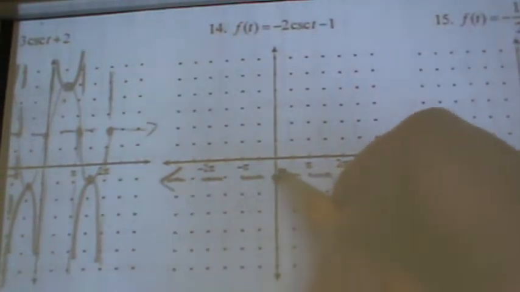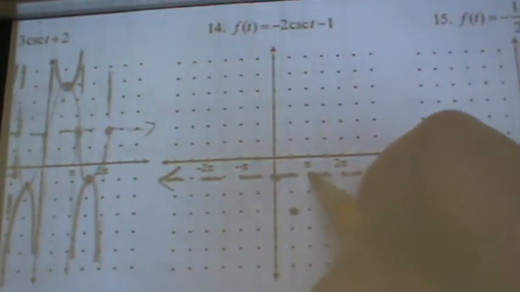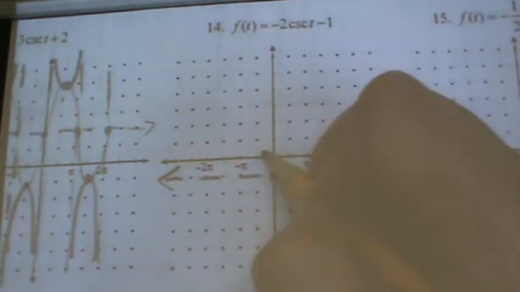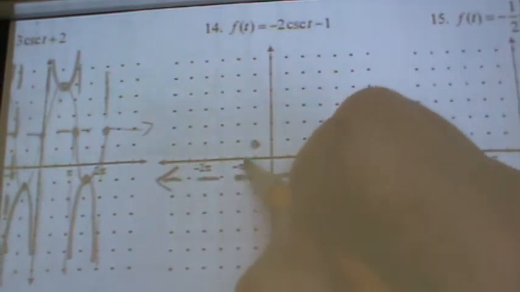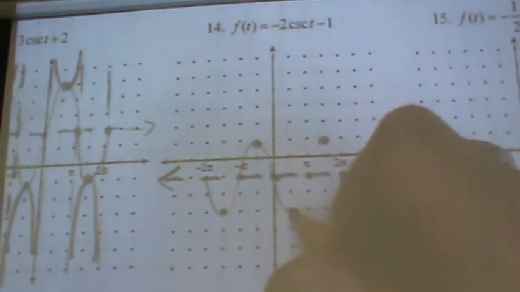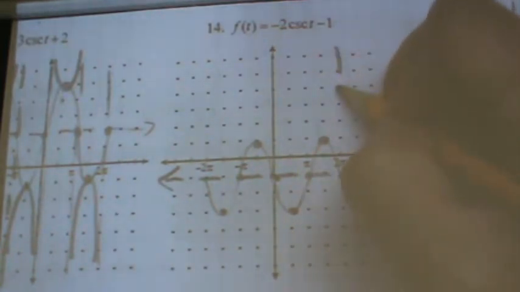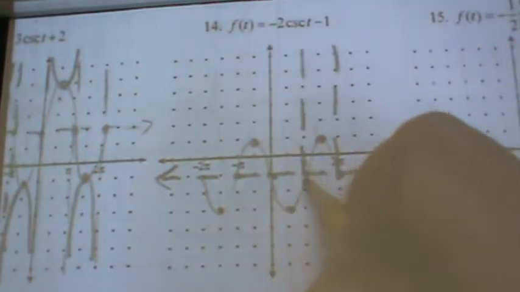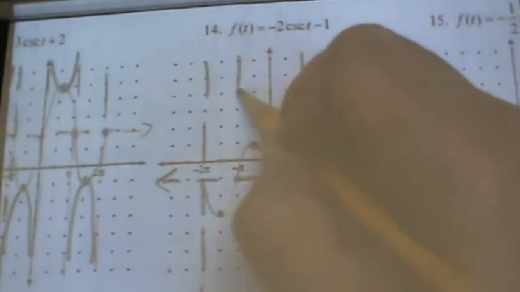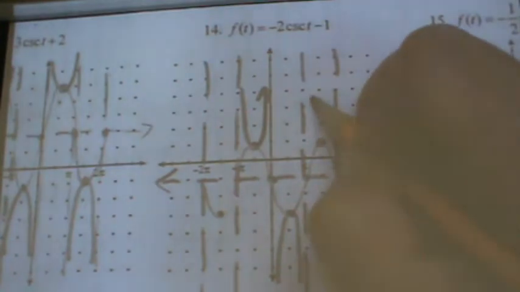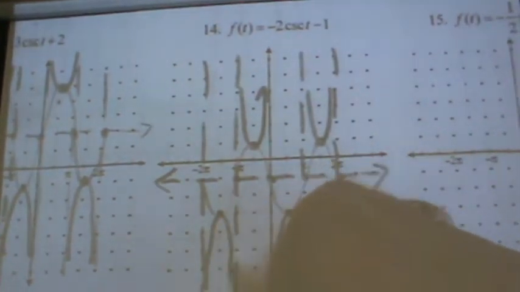So it starts on, and then you're gonna go 2 below. Do your zeros. Good?